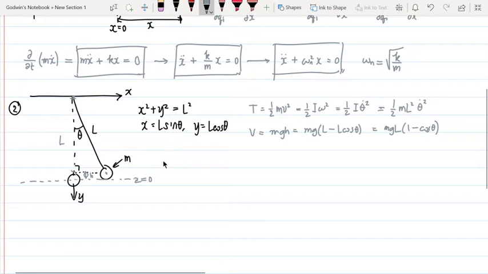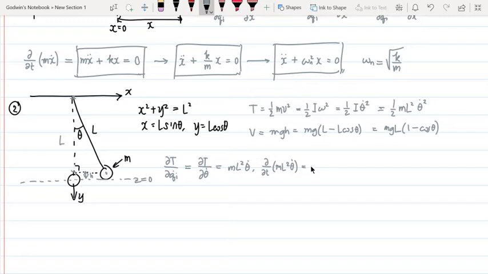Okay, first we need the partial of T with respect to our q_i dot, which is our theta dot, right? That's just the same as always. This is squared, so 2 times 1/2 is going to be ml squared theta dot. And then let's just take the time derivative now. ml squared theta dot.